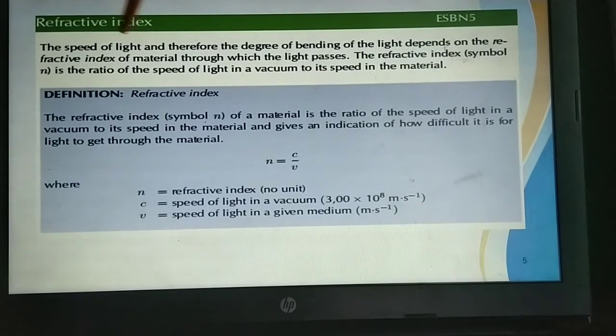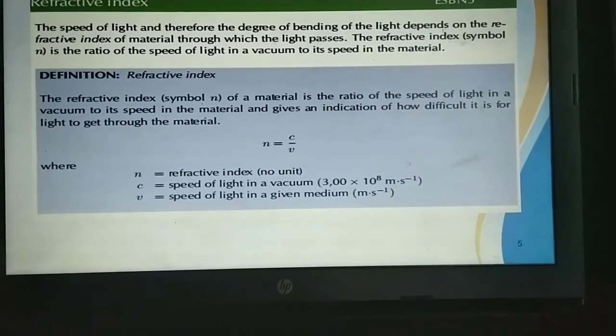We say the speed of light, and therefore the degree of bending of the light at the boundary, depends on the refractive index. Refractive index, there is an RE.